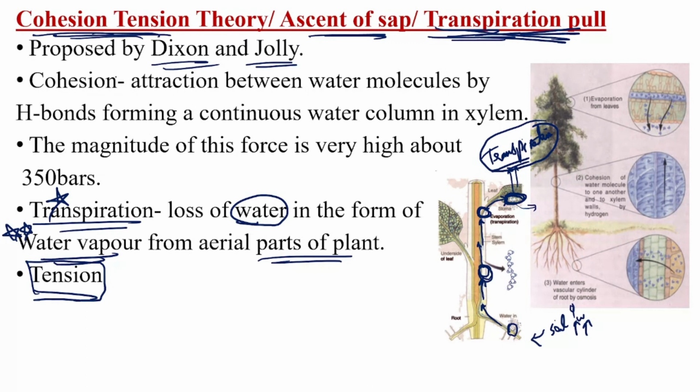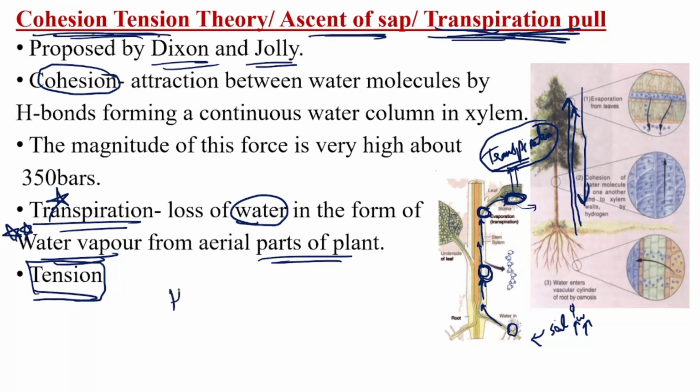What is cohesion? Now you might wonder, is the movement of water taking place against gravitation or along gravitation? Gravitation is something which makes things fall down. But here water is being pulled against gravity, right? So how is the water moving against gravity with such a force? That's because of cohesion.